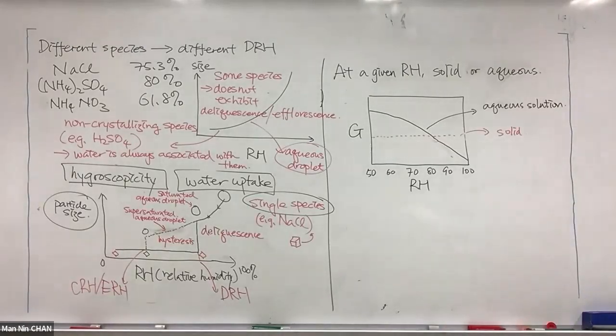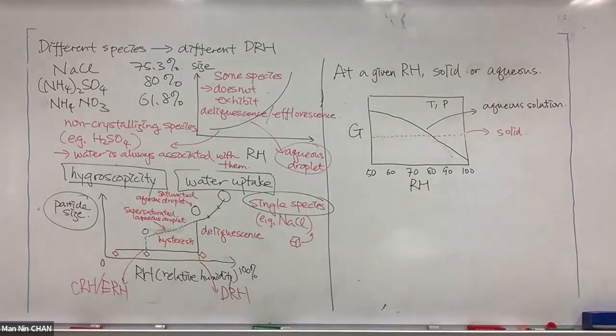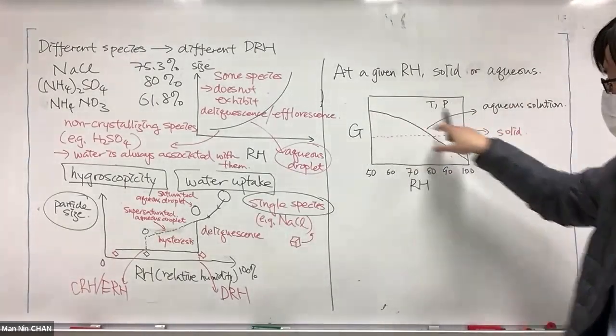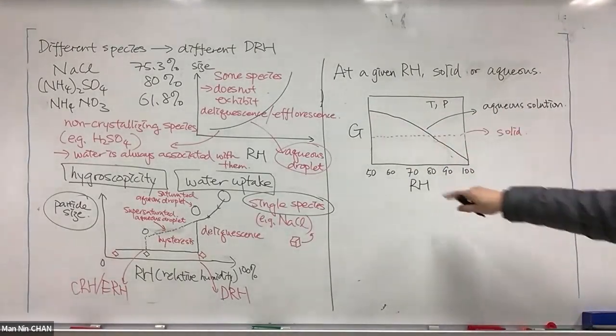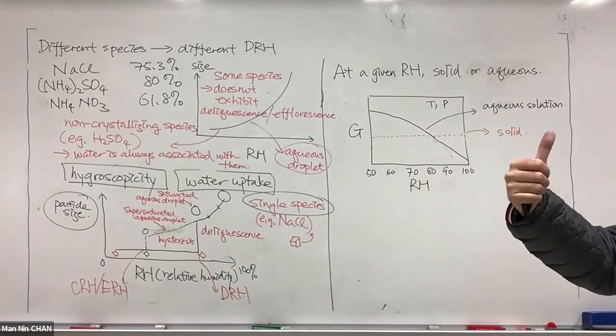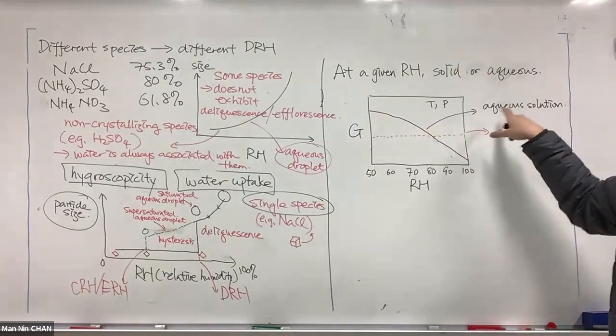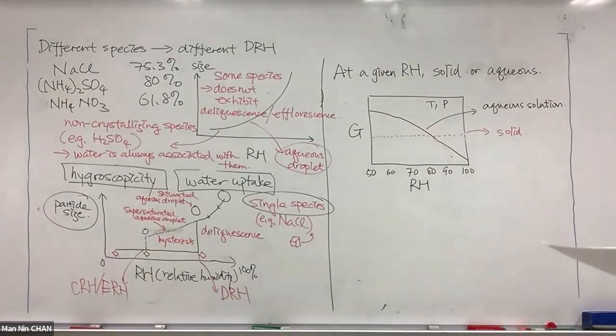So this will be your aqueous solution, of course at constant temperature and pressure. This is how the Gibbs free energy of your aqueous solution changes with your RH. When you increase your RH, your solution becomes more diluted, so the Gibbs free energy will decrease.